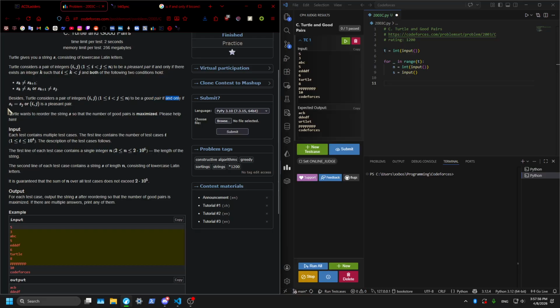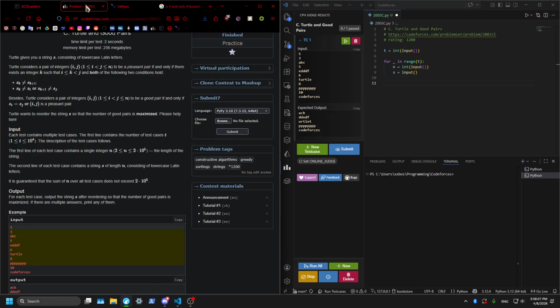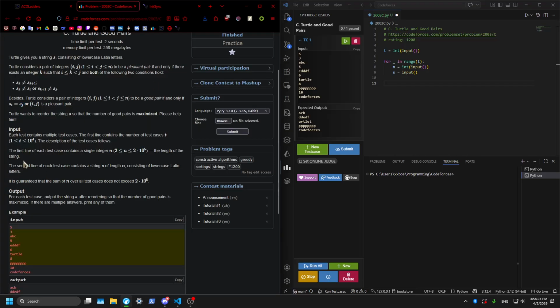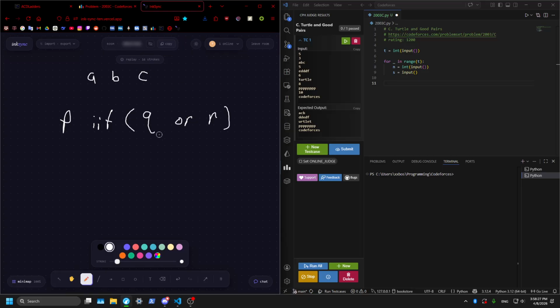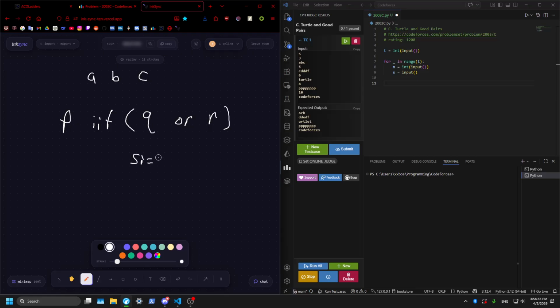I think this is P if Q or R. So it's like P if and only if Q, but like this. Okay, so I think that's what this is saying. So this is still either-or. This doesn't change. This is saying if Q is s_i equals s_j, R is pleasant pair.